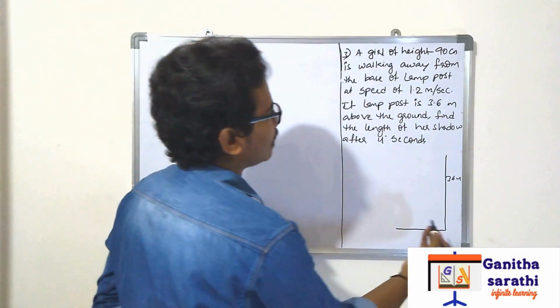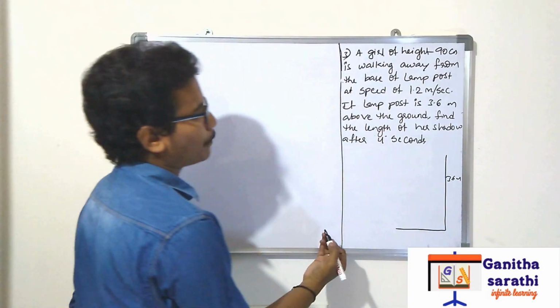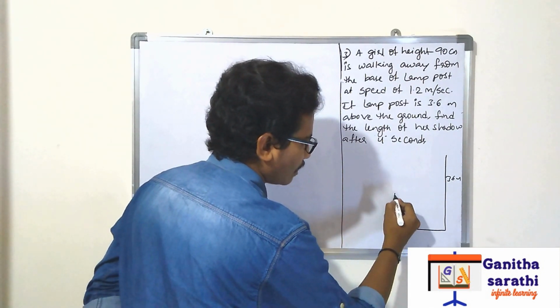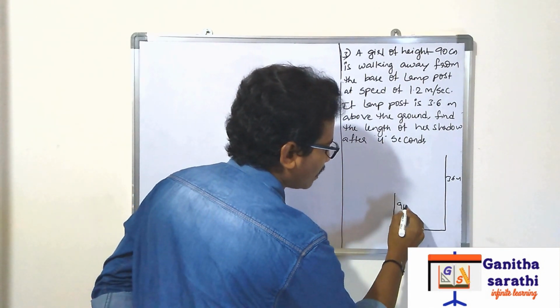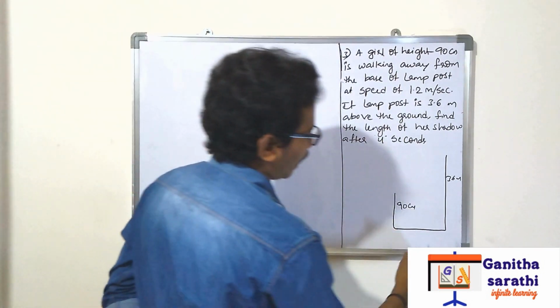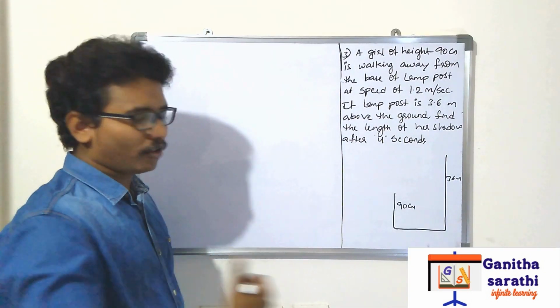Next, the girl is walking 1.2 meters per second from the base of the lamppost. Find the length of her shadow after 4 seconds. After 4 seconds, the girl's height is 90 centimeters, right? And we have to find the shadow. If the girl is standing like this, the shadow will be straight, right?